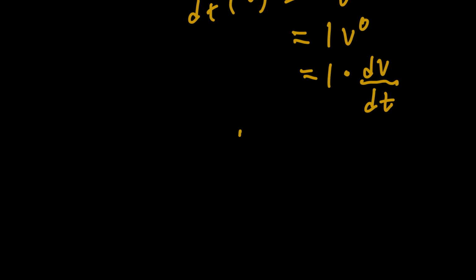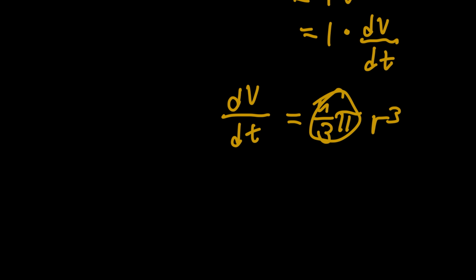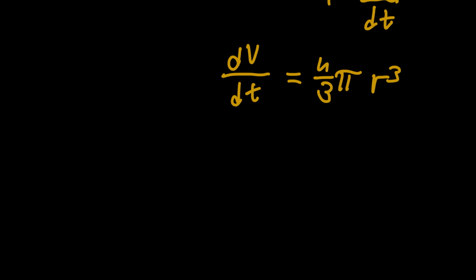So we did the left-hand side, so we got dv over dt is equal to 4 over 3 pi. Now this is a coefficient of r cubed, right? So we don't need to worry about this. We only need to worry about differentiating r cubed. So r is another variable, which is not t, right? So that means we're going to have to use implicit differentiation on r as well.